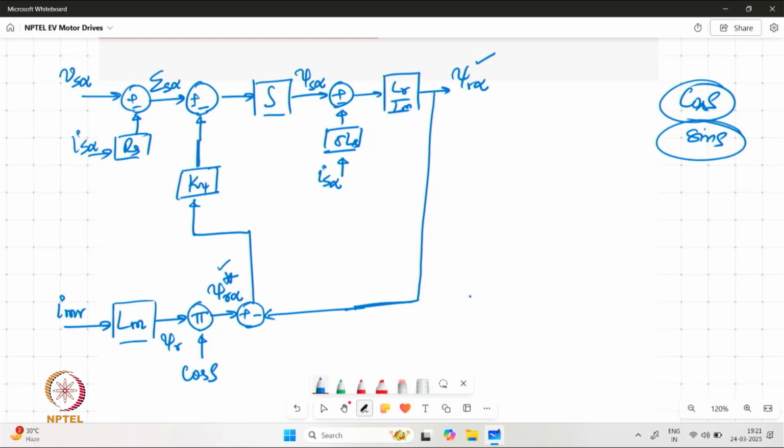So some constant, say k phi, can be taken over here, and the error is basically fed back to the voltage so that there is no DC drift coming up in the system. So this could be another way of estimating the rotor flux, which is not bounded by any kind of corner frequency or any cutoff frequency for the integrator, and this can have accurate estimation at low speeds.